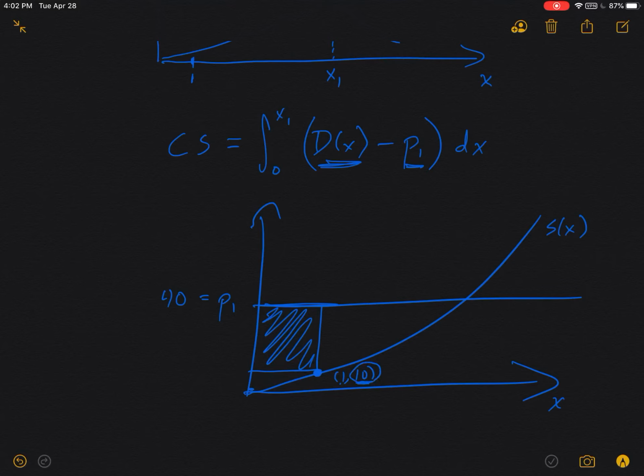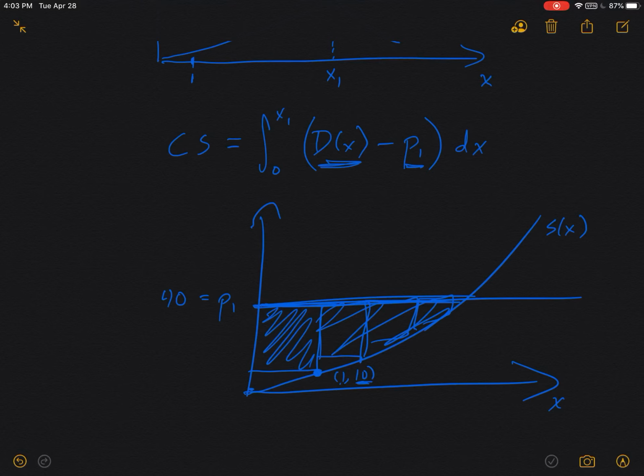So the lowest price they would be willing to sell it for is 10, but by selling it on this market, they're actually making 40 rather than 10. So the suppliers are also, as a group, benefiting by selling at the market price. And the total amount that these suppliers are benefiting is going to again be given by this area.